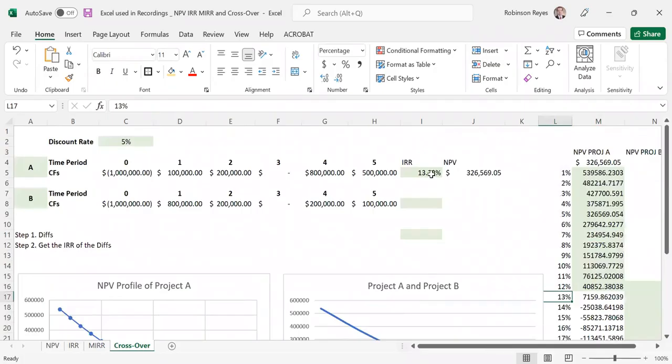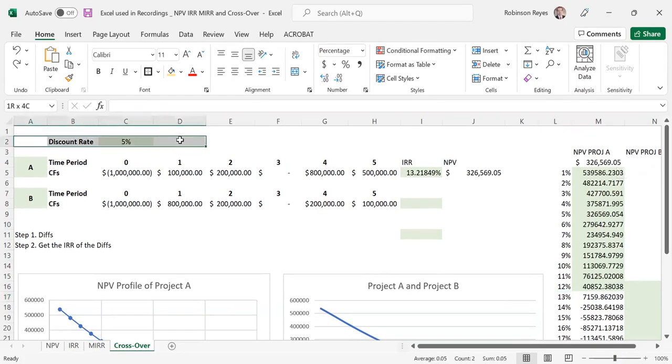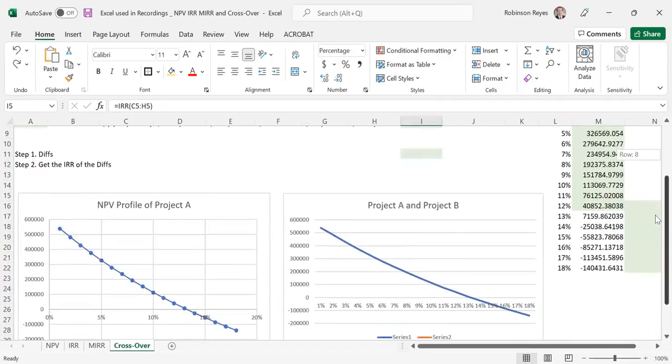As a matter of fact, we have it here: 13.21849. If I change this to 13.21849, we end up with zero. So that's the IRR, and it means that if our discount rate is this, then the net present value is zero.